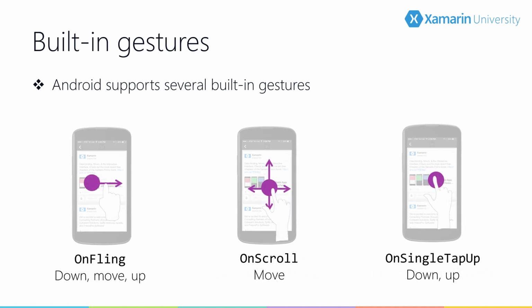The on-fling gesture occurs when a finger touches the screen, moves, and then releases. On-scroll is raised anytime a finger is moved while in contact with the screen. It's not mutually exclusive with the other gestures either, so you can receive both an on-fling and an on-scroll for the same interaction. And we also have the on-single tap up. So this occurs if a finger touches and releases the screen in less than 600 milliseconds with no significant movement.